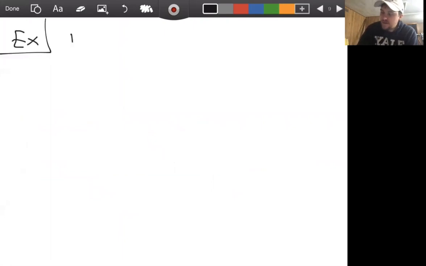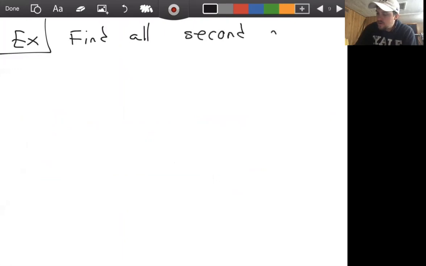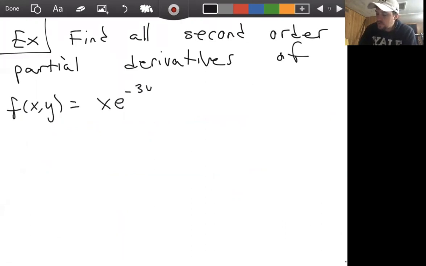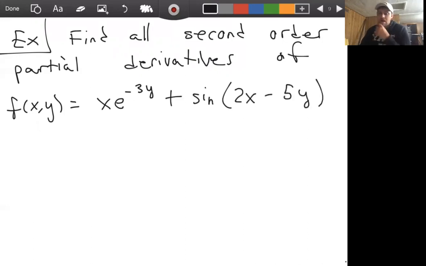So let's find all second order partial derivatives of f of xy, the function x e to the negative 3y plus sine of 2x minus 5y.